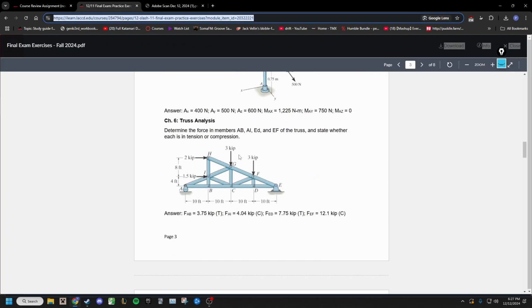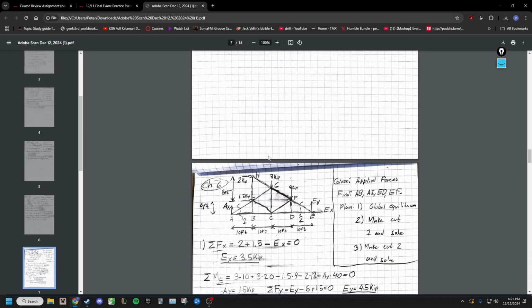For the next problem, we're asked to find AB, AI, ED, and EF. For this, I found it best to do method of sections. We're given all these applied forces and the distances. We will first do global equilibrium to find the support reactions.